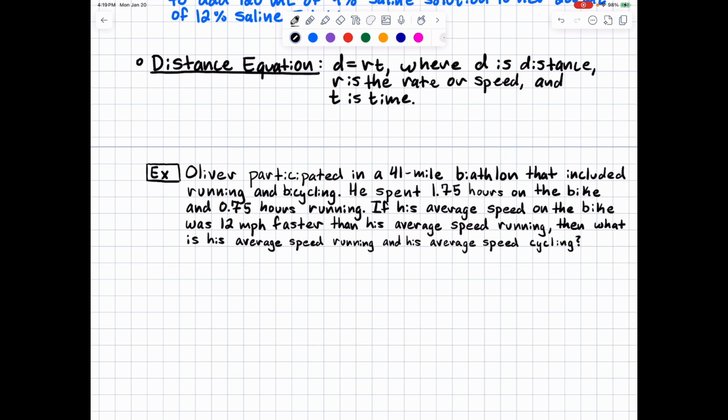So we want to find his average speed running and his average speed cycling. So we're first going to say, hey, let R be Oliver's running speed, because that's what we're looking for.